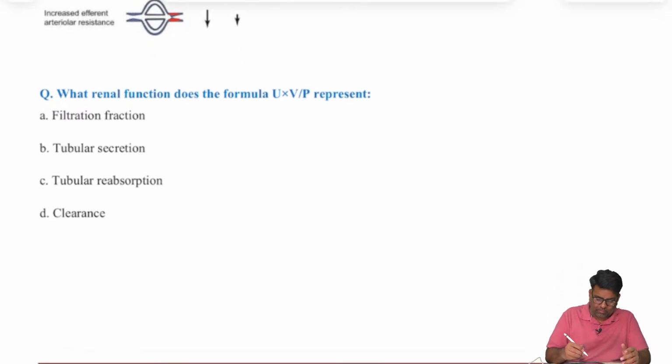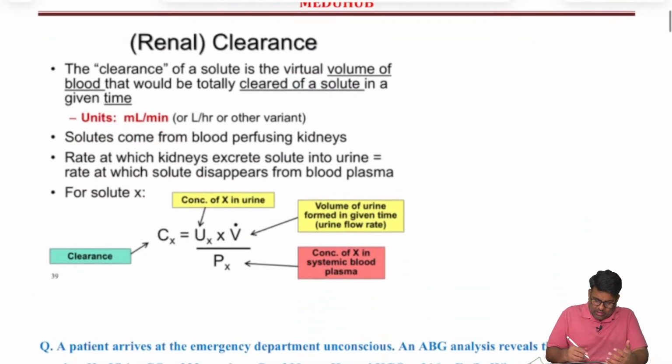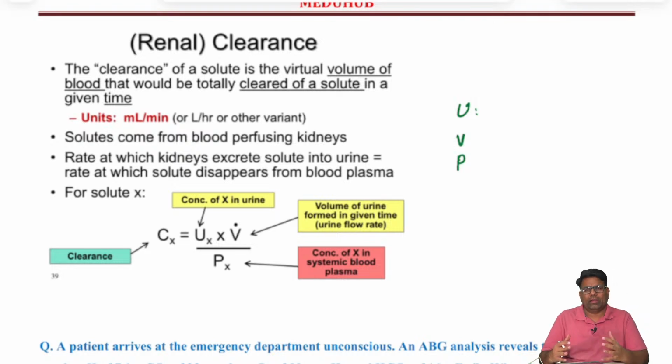So the next question is about U into V into P in terms of renal physiology. This explains clearance. So this is U, V and P. Now the letter U stands for, if we are taking any substance, sometimes usually we discuss it in terms of creatinine, right?